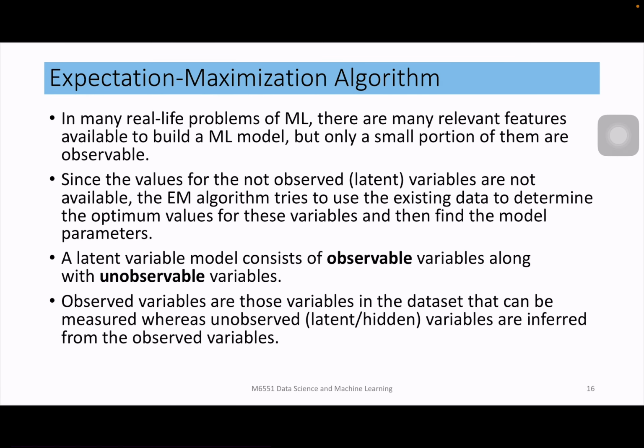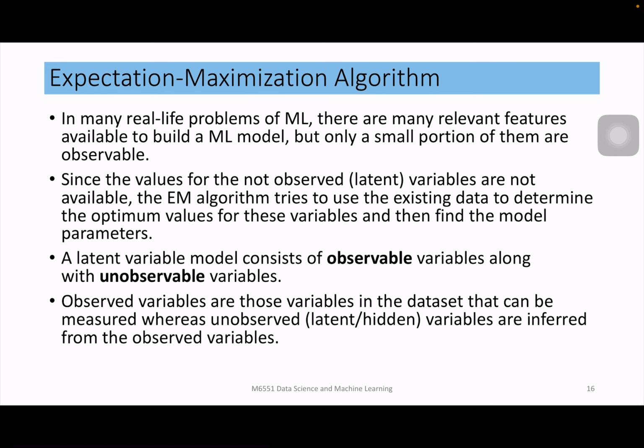In the expectation maximization algorithm, in many real-life machine learning problems, there are many relevant features available to build a model, but only a small proportion of them are observable. Since the values of the unobserved latent variables are not available, the EM algorithm tries to use the existing data to determine the optimal values for those variables and then find the model parameters.